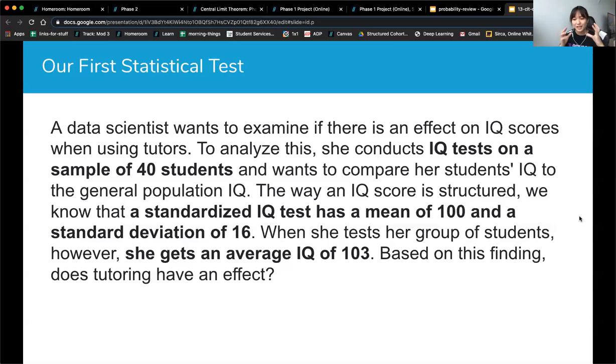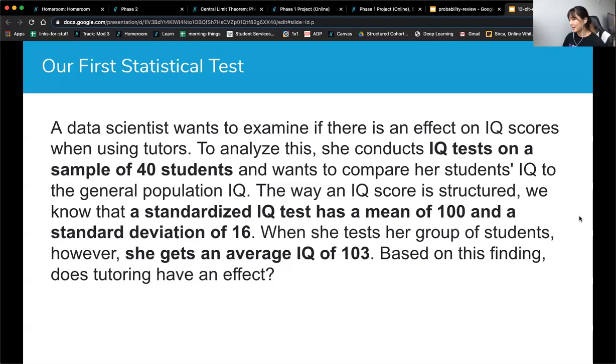So also taking into account the overall distribution, is 103 that much smarter than 100? That's just setting up our problem. And the test of whether 103 is statistically greater than 100 will determine whether tutoring does have an effect or not. Any questions about this setup?